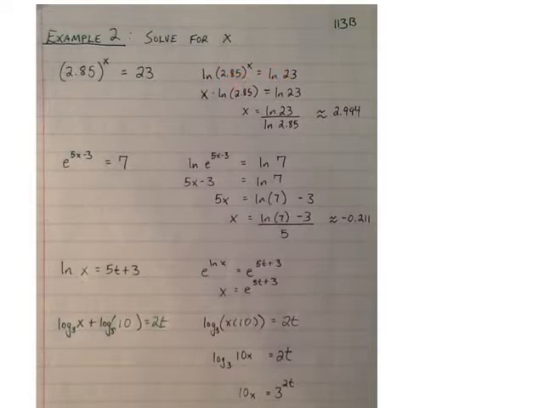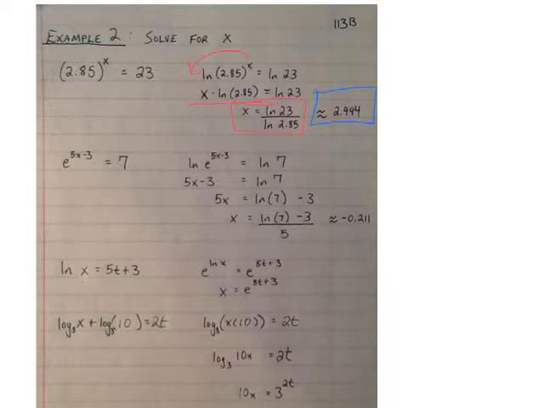I use the exponent property of a logarithm that allows me to drop the exponent down in front, and then I divide both sides by ln of 2.85, giving me this for an exact answer, ln of 23 divided by ln of 2.85, and that is approximately equal to 2.994.